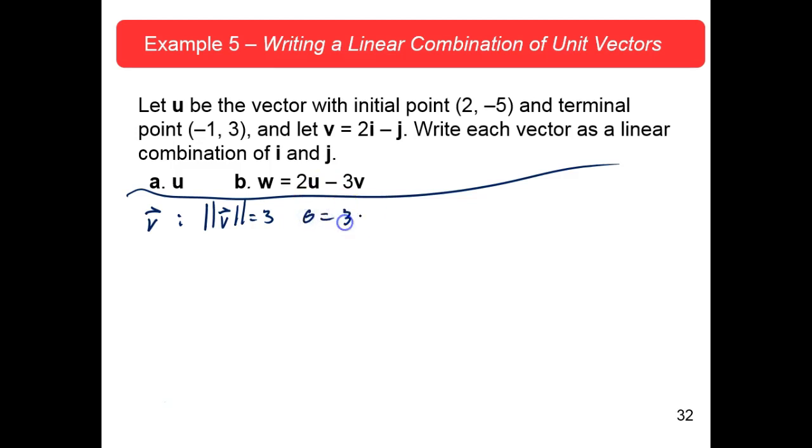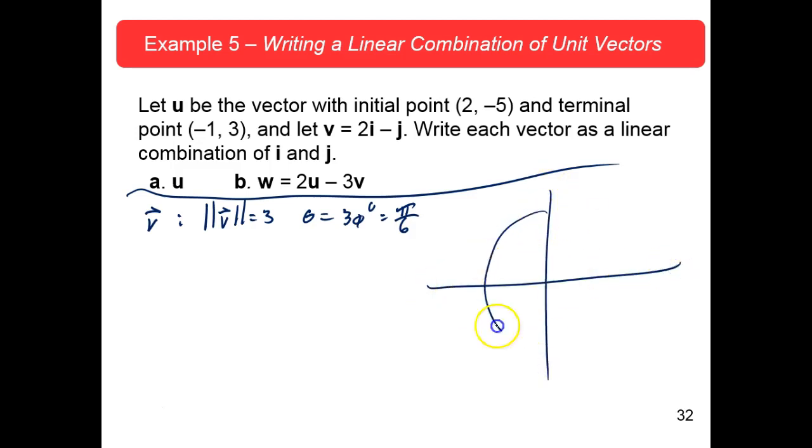Anyone tell me what that is in radian notation? Pi over 6, excellent. With the positive x-axis, and that's done counterclockwise, so we know exactly where that is. That's about 30 degrees or pi over 6 radians.